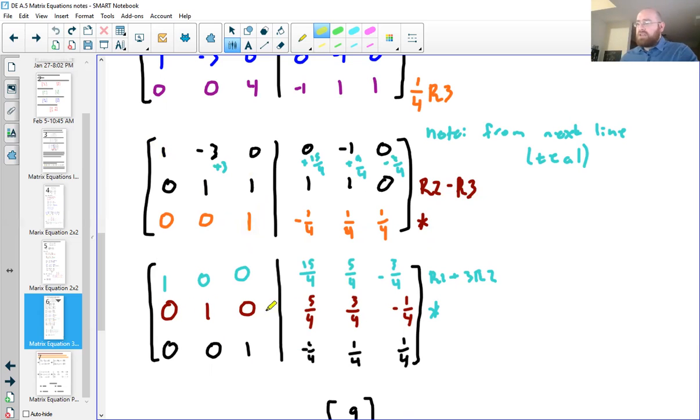After I wrote this line in brown, I realized that I still had to get rid of this -3, but because this first row hadn't changed from one matrix to the next, I decided rather than writing the whole matrix 2 more times, I would just calculate row 1 plus 3 row 2 using the row 2 that's in brown on this last matrix that I've labeled as the pivot.